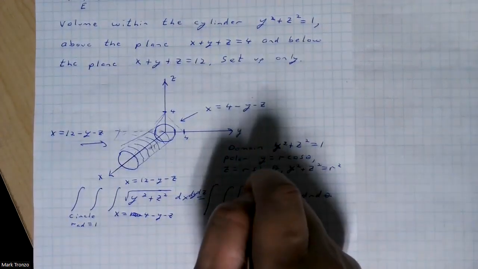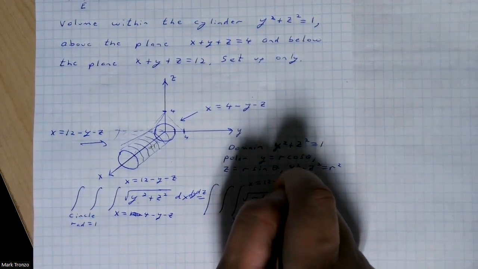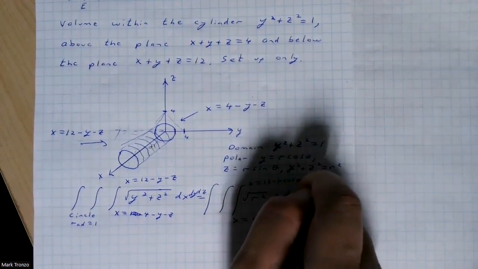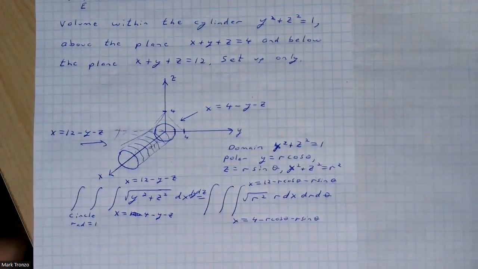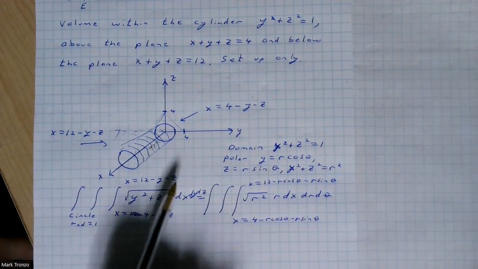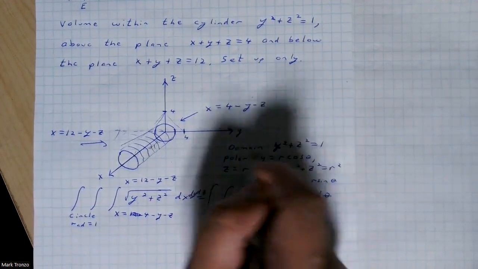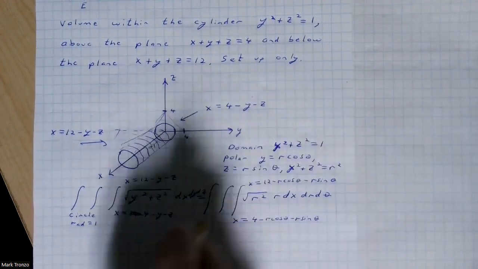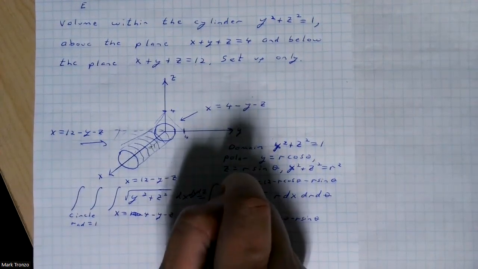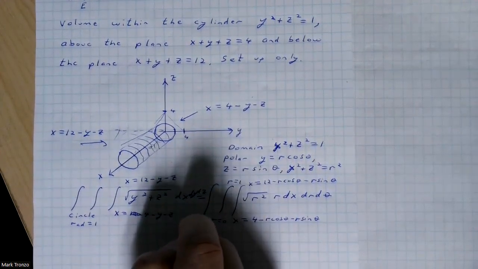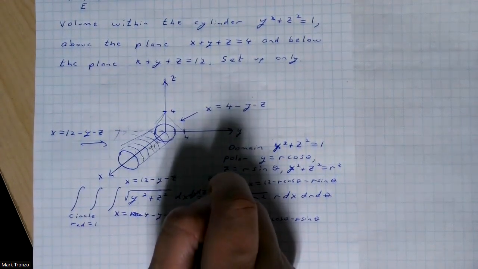Same thing on the upper bound, x equal 12 minus r cos theta minus r sine theta. And then the last two bounds will be the circle of radius 1. And so it's going to be r equals 0 to r equal 1, theta equals 0 to theta equal 2 pi.